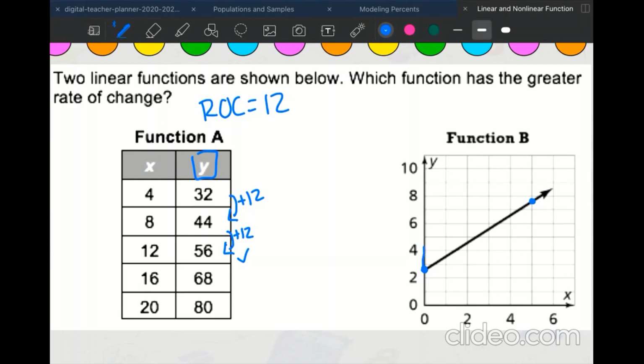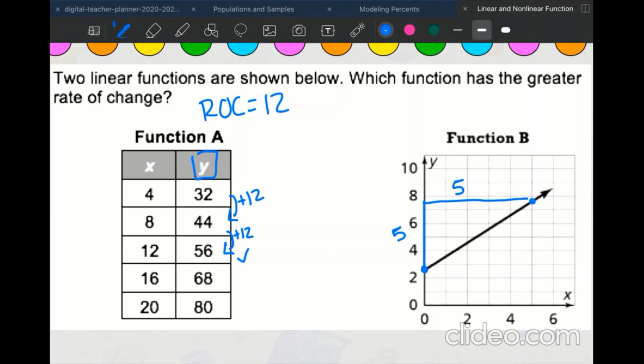Okay, so how did I get there? So 1, 2, 3, 4. Did it go 5? 1, 2, 3, 4, 5.